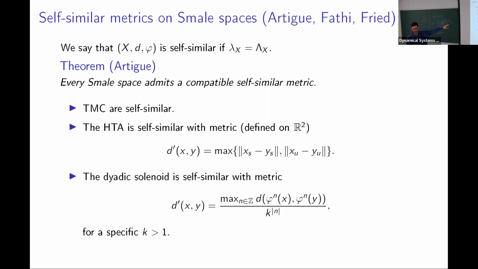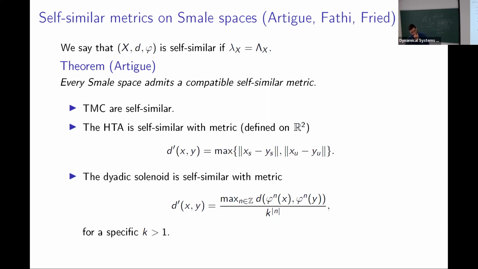So the small lambda is the contraction or expansion, and the Lipschitz constant is equal to it.